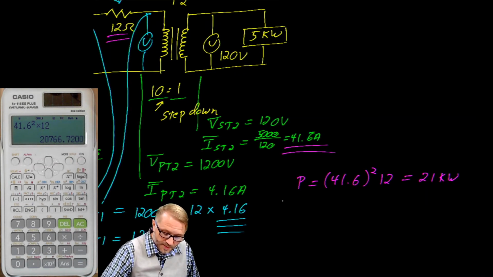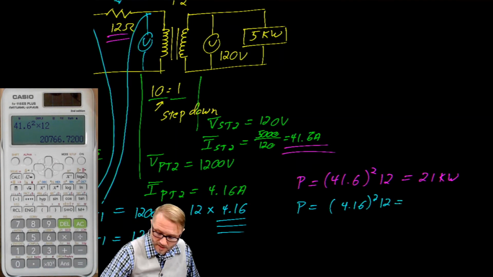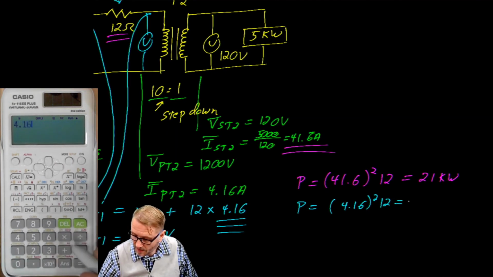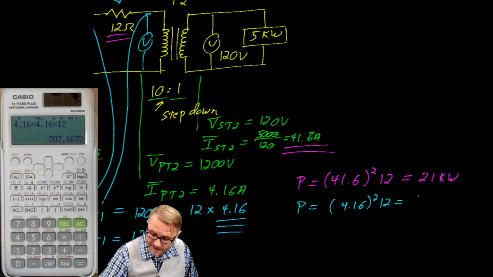With the transformer in circuit, the power loss becomes 4.16 squared by 12, which is going to be much smaller, at only about 200 watts.